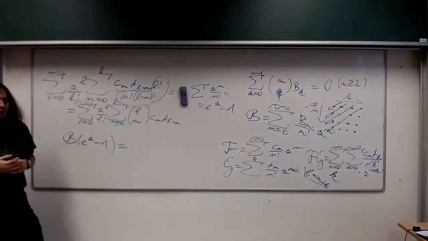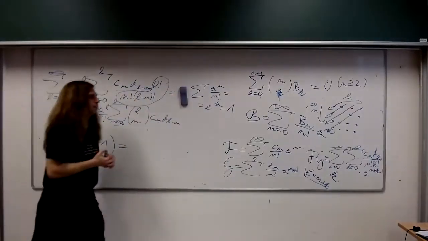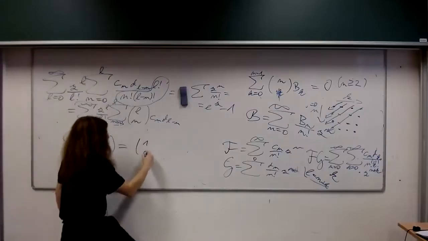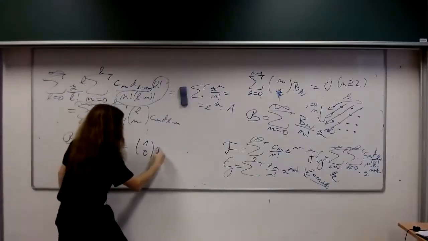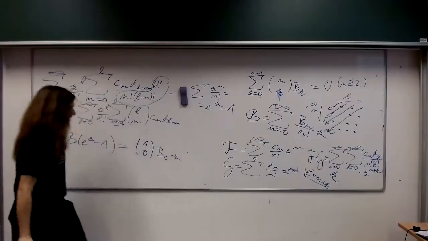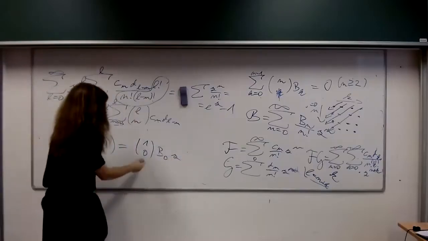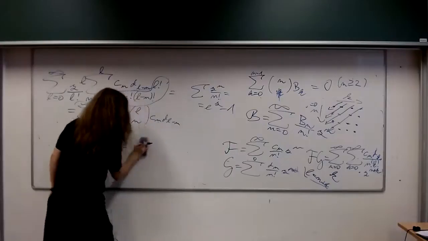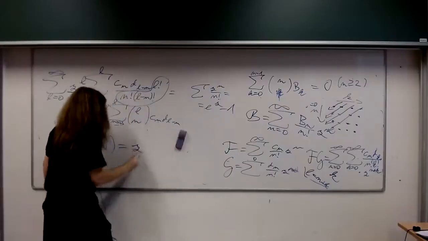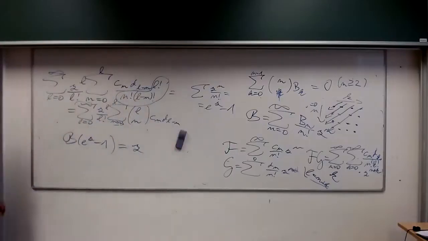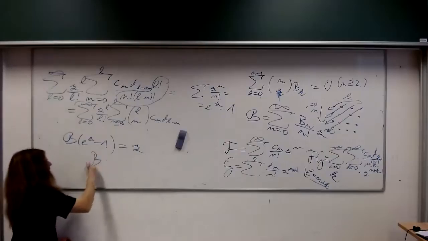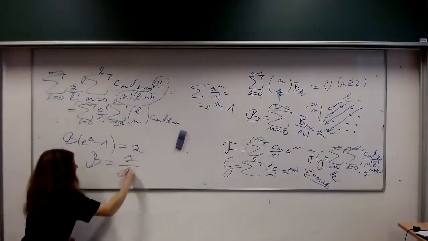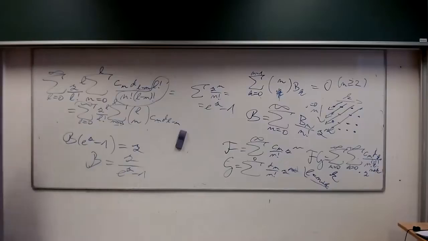And at the first power, there is just 1 choose 0, b0 times z. But b0 is a 1, and this is 1 as well. So we have a z on the right-hand side. And now it's just a matter of simple division to get the generating function.